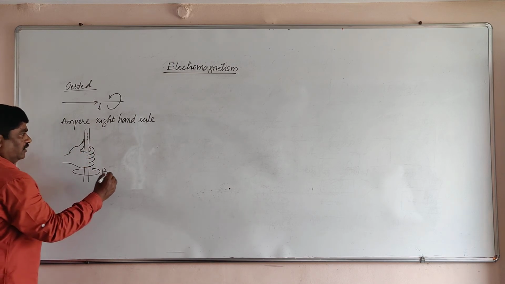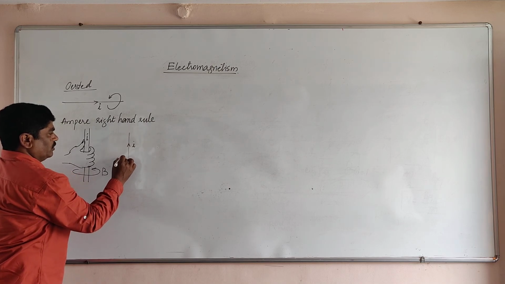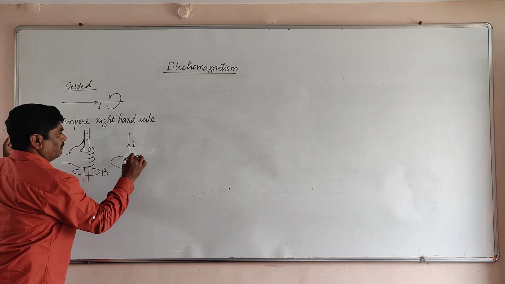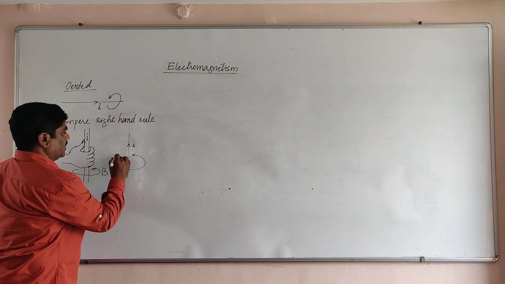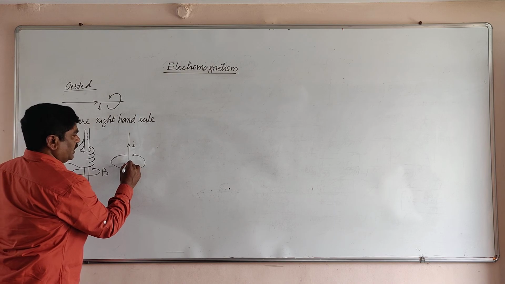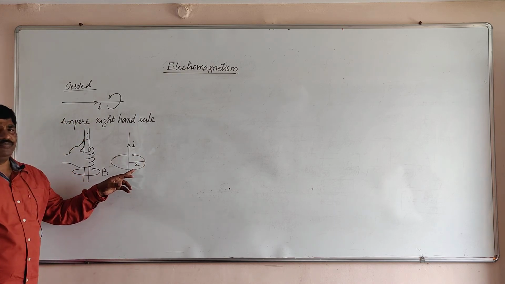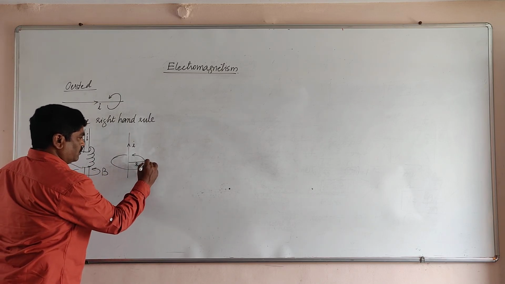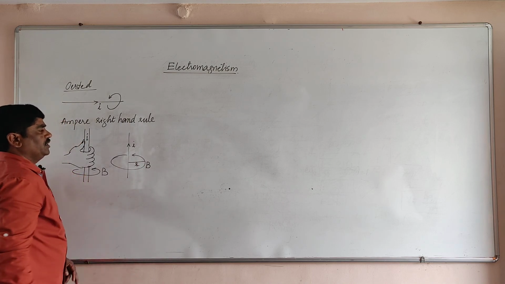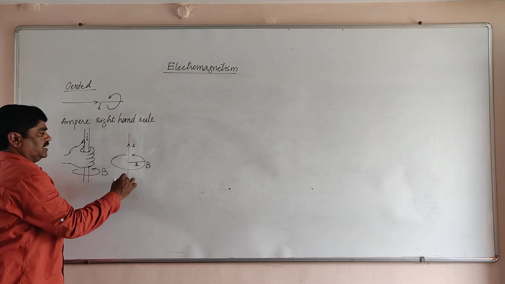Now in this way, when a straight current carrying conductor carries current I, it forms a radial magnetic field around that conductor. Radial in the sense a circular magnetic field around the conductor, and this radius may be R. This magnetic field which forms around the conductor is always perpendicular to the direction of the electric current.